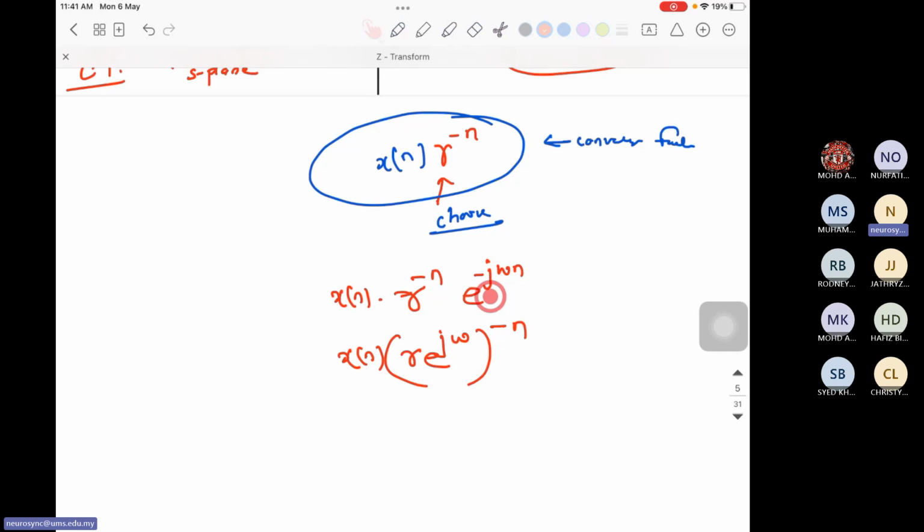Basically in the Fourier transform, this variable r is equal to 1. So for r equal to 1 we compute on the unit circle of the complex plane, and there the omega term is a variable.